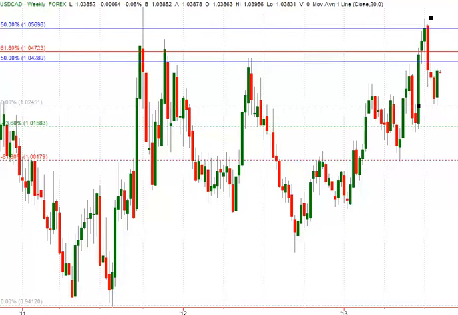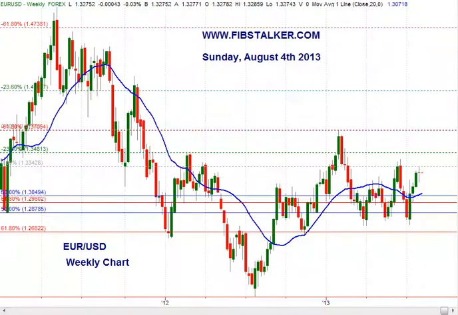So this is a level that is very important to monitor. If we get some weakness or non-continuation higher, this is going to become a short sell that has the potential to bring price into this 101.60. This is for this week, for the weekly review of the euro, pound, Australian dollar, and Canadian dollar.